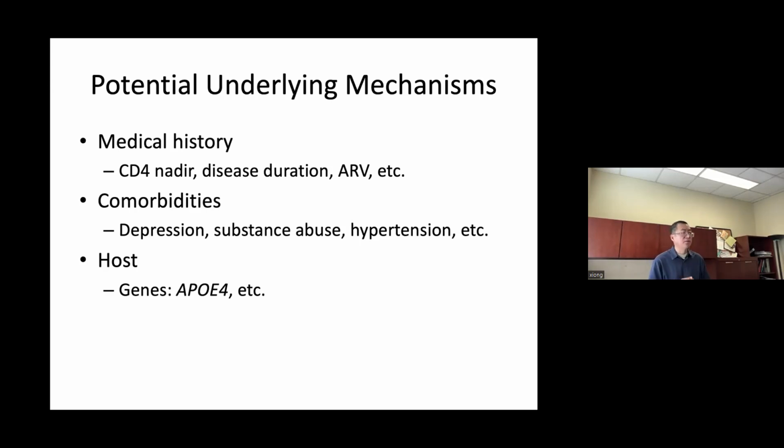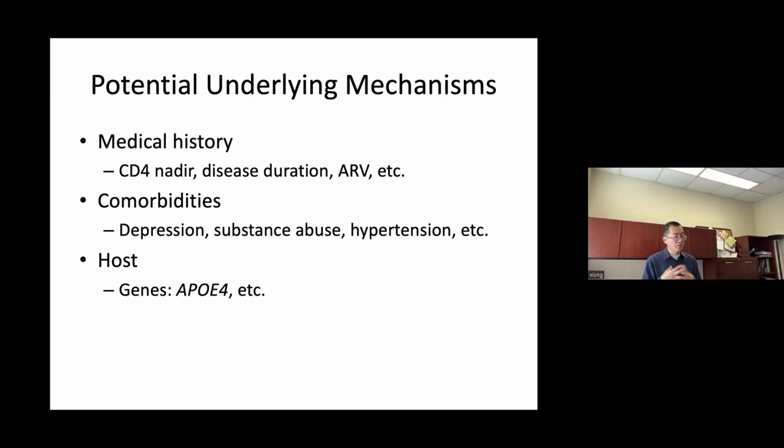So this is what we try to identify: how medical history will contribute to brain injury in the patient population, and how other comorbidities like depression, substance abuse, hypertension, liver disease, and other diseases, including alcohol use disorder, can contribute to HAND or cognitive impairment in general.